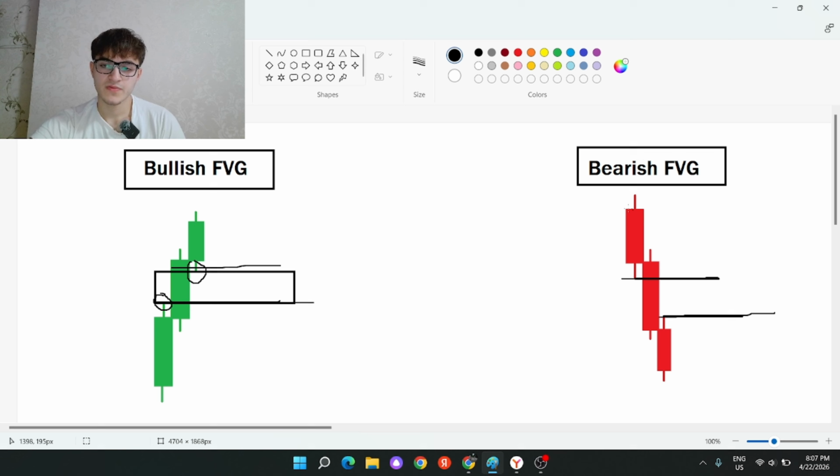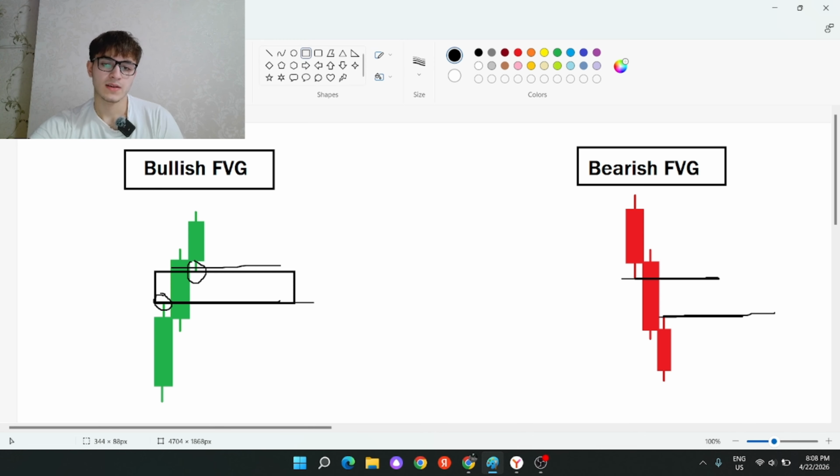For the bearish fair value gap, we mark the first candle's bottom wick and the third candle's top wick. So this is so easy. Right here we will mark this fair value gap.